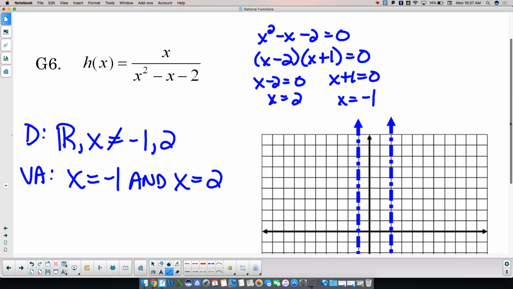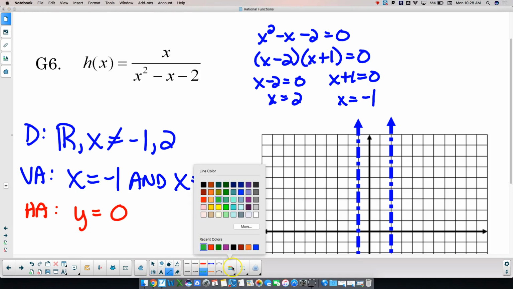That's what I got for step number 1. I get the degree on the numerator is 1, degree on the denominator is 2. So that's a bigger on the bottom case. So that's y equals 0 as my horizontal asymptote.